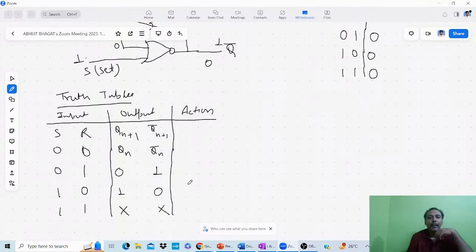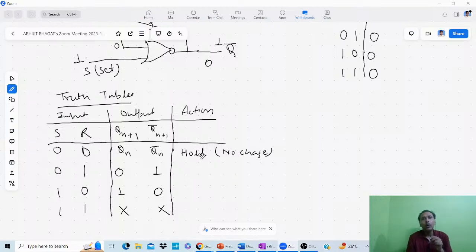Here it is invalid. So what happened? When you supply the 0 0, you will get the same output as the previous one. Means here it is hold condition, or you can say it is no change. Hold or no change means your previous output is held or there is no change across the output.